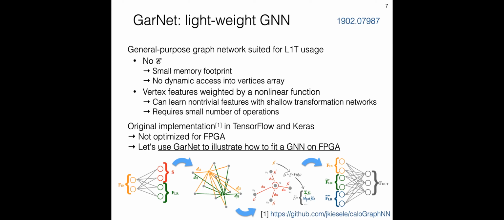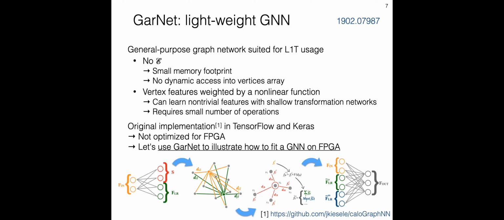And then another feature is that vertex features are weighted by a nonlinear function within this graph network block of GarNet. With this, it can learn non-trivial features with very shallow transformation networks. So the MLPs, the multi-layer perceptrons, these so-called phis, can be rather small.